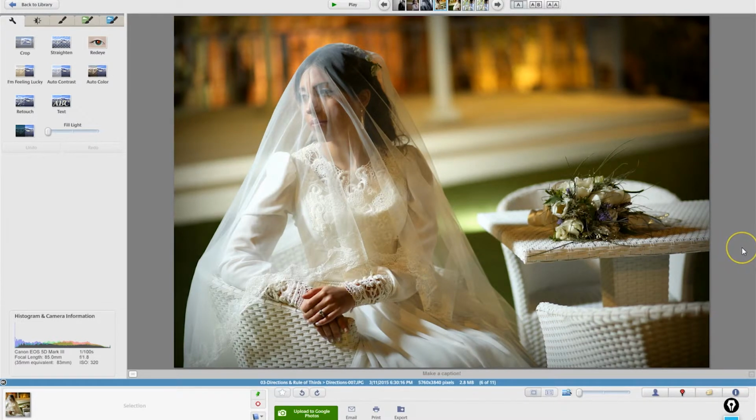What's happening in this image? Where's our point of entry? Her face. Now what happens? Her arm comes down this line here, and now what happens? Look along the rest of the image. Where does the eye go from here? What's the next interesting part? The flowers. The flowers have a tension. So now our eye, for sure, no one looks at the flowers first. We look at the bride first. Our eye comes down here, comes back to the flowers and back to the bride.